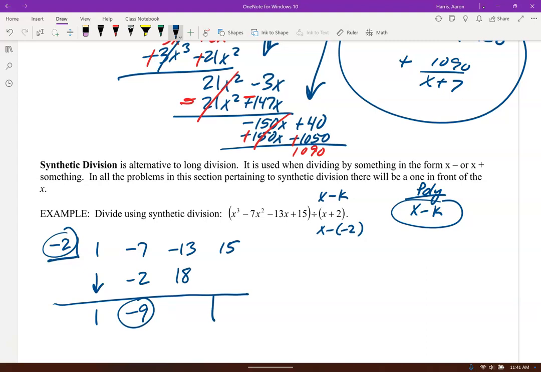Negative 13 plus 18 is 5. And now 5 times negative 2 is negative 10. And 15 minus 10 is 5.